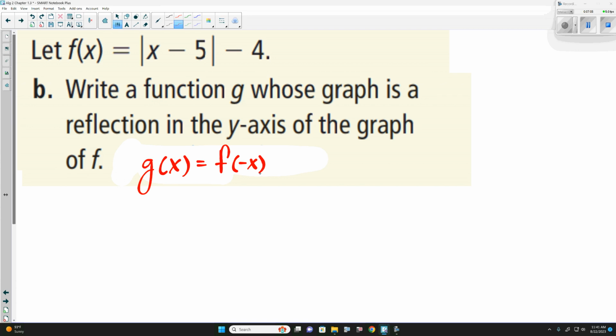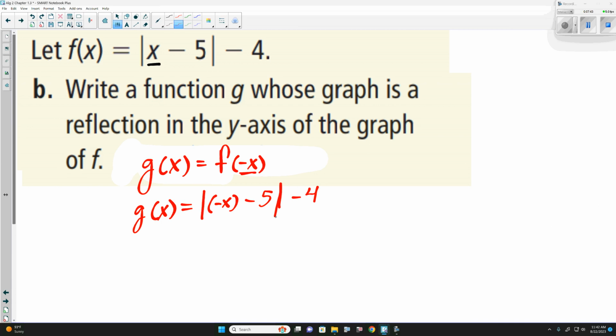As we saw yesterday, to apply it, we replace every x in the function f of x with negative x. So here, g of x, we have the absolute value, the x is now negative x, minus 5, minus 4.